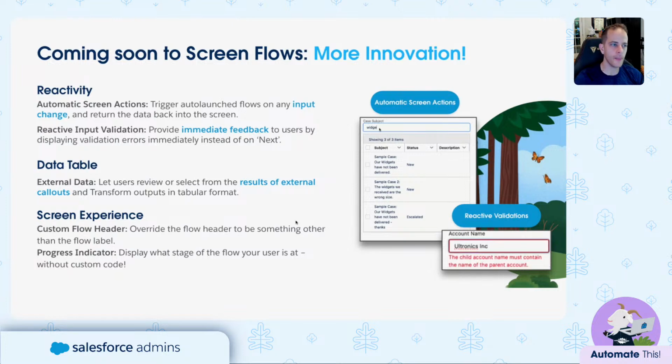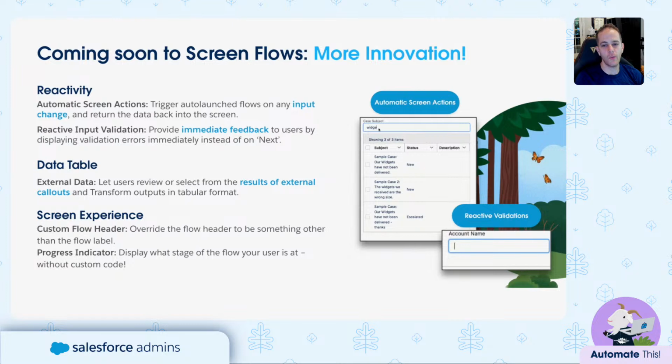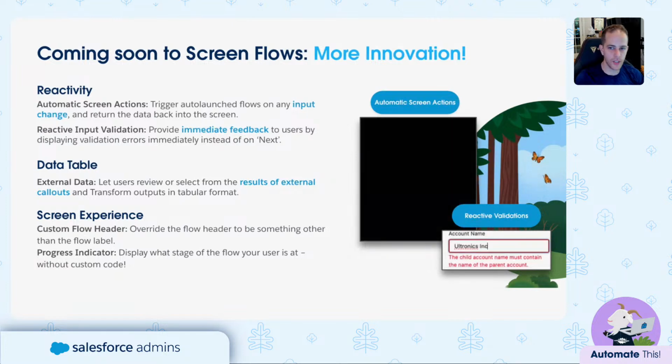And we know that data table needs some love. We're going to be coming back around next to make sure that data table can use Apex types and external data. We know that data table cannot display external data, and we want to bring that into data table next. And some other cool stuff, we know that to show a progress indicator, you have to create an LWC or an Aura component to show where a user is on the screen.